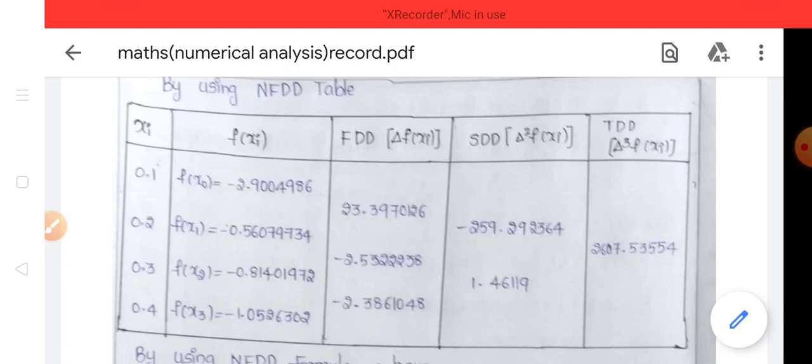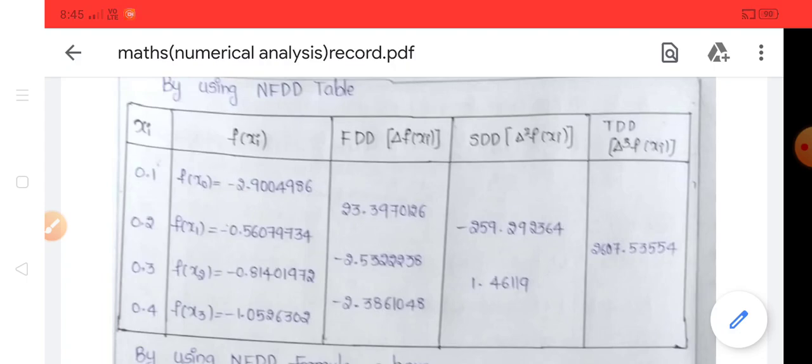Next, second divided difference: minus 2.532238 minus 23.3970126 divided by 0.1 is equal to minus 259.292364. Next, minus 2.386148 minus of minus 2.532238 divided by 0.1 is equal to 1.46119.